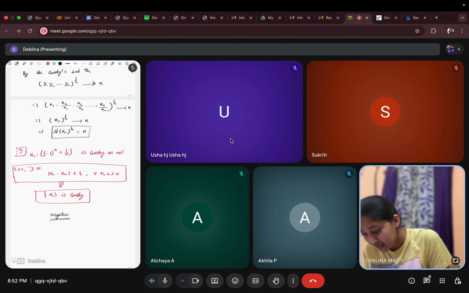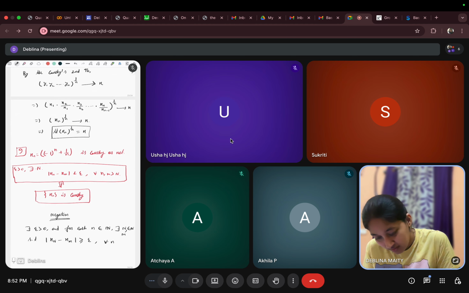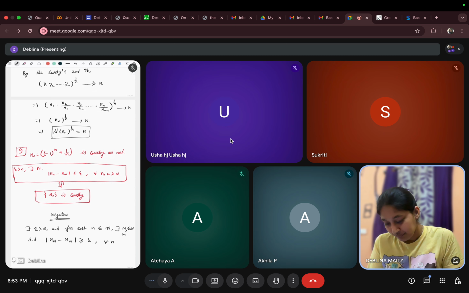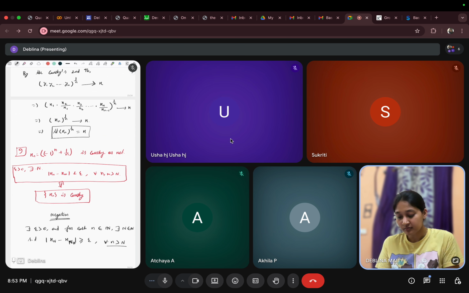It means there exists an epsilon greater than 0, and for each N belonging to the naturals, there exists a capital N and capital M greater than N such that xn minus xm is greater than or equal to epsilon. So this is the negation.